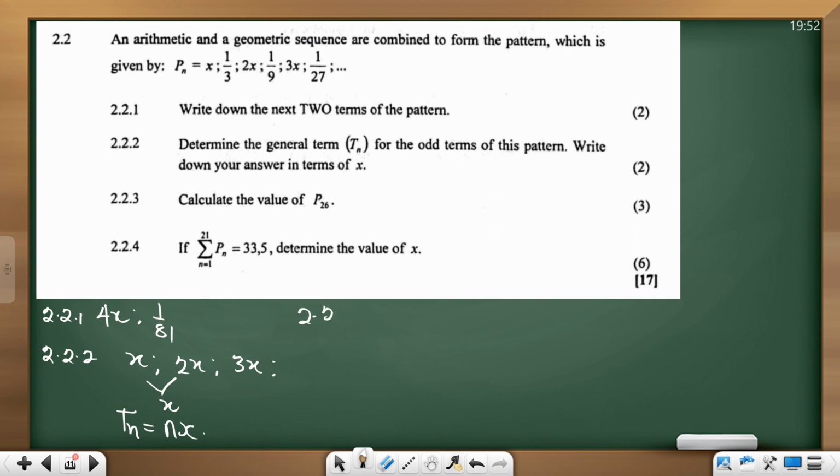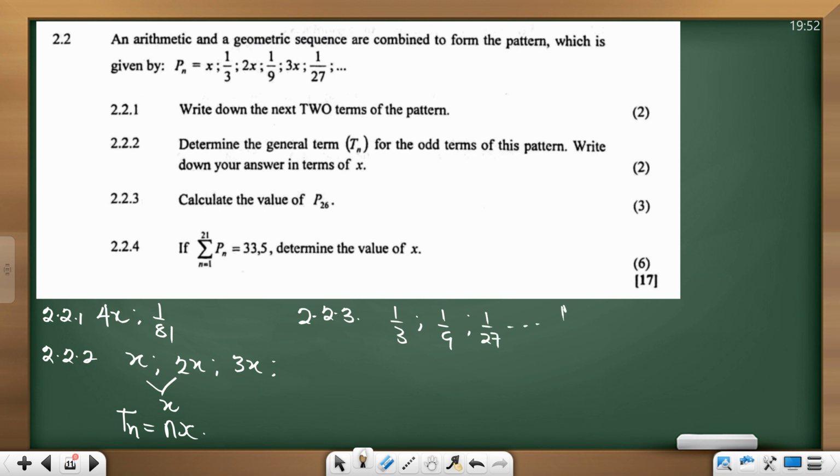Calculate the value of the 26th. Now, the 26th is even, so it becomes the 13th of your second pattern. And what's the second pattern? We have 1 over 3, 1 over 9, 1 over 27.